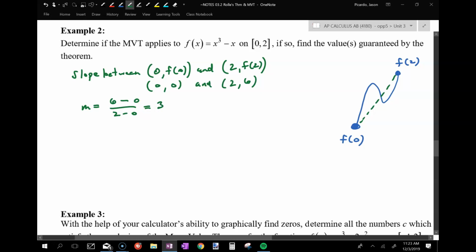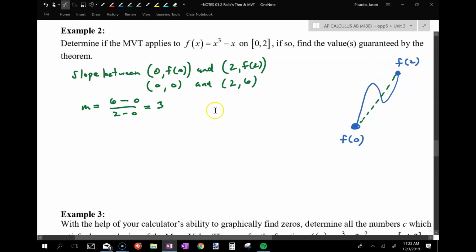So what did we just find, guys? We just found the slope of this what? Dotted green line, right? This secant that exists between these 2 points. Is that cool? What does the mean value theorem say? It says there has to be at least one spot on this curve where the derivative has a slope that is the same as that secant, right?